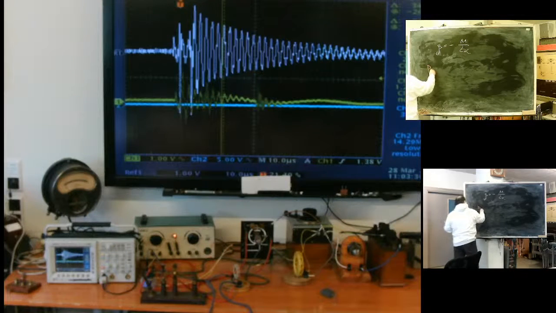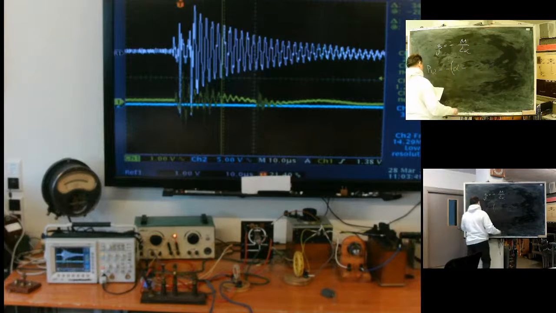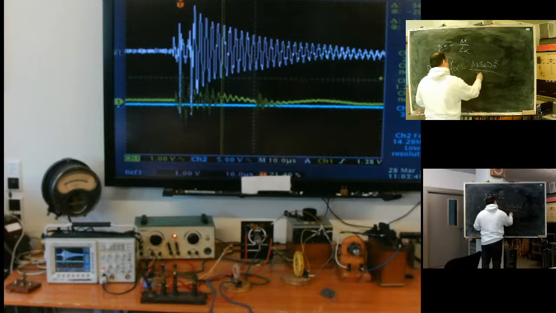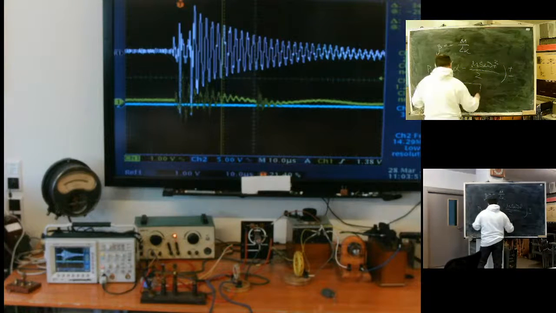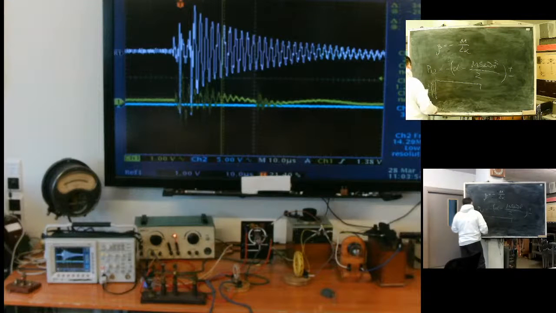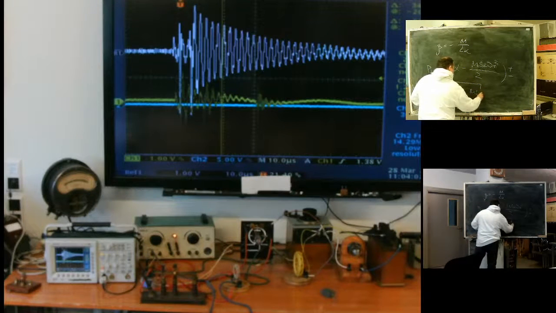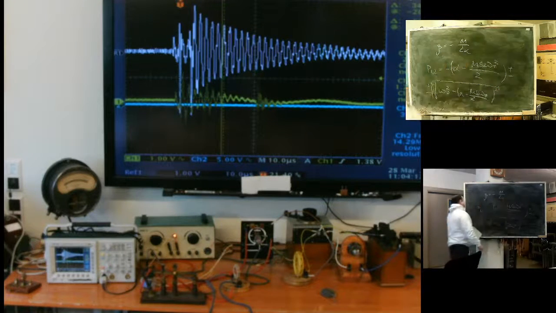I will have again two roots, minus alpha minus m omega 0 squared divided by 2, plus minus square root of omega 0 squared minus alpha minus m omega 0, divided by 2.